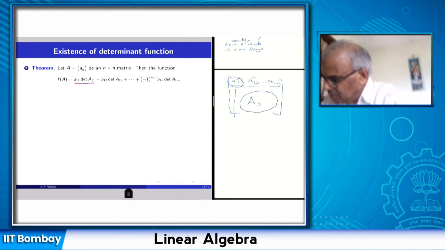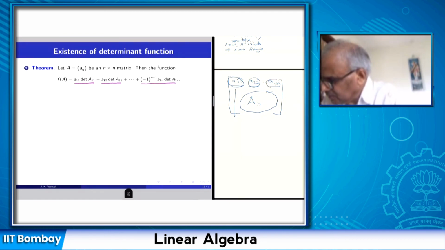Now we look at A12 and repeat this. Remove the first row and remove the second column. I get a submatrix of size n-1 by n-1, and I write A12 times the determinant of A12. This is alternating sign, so I get (-1) to the power n plus 1 times A1n times the determinant of A1n.